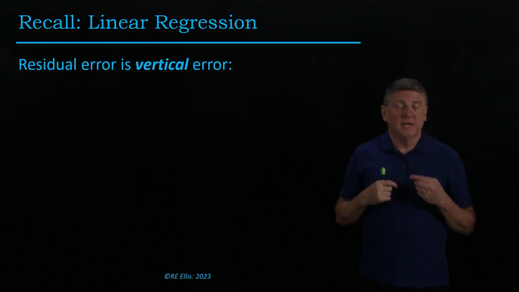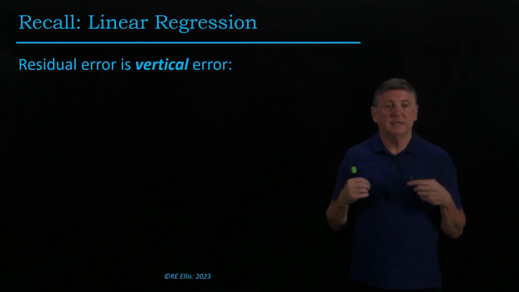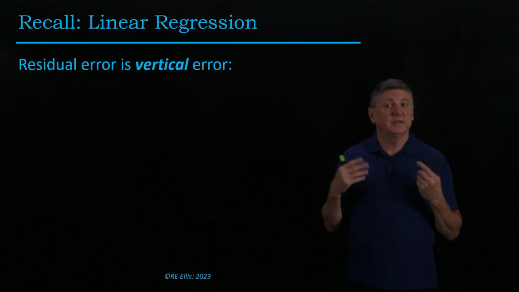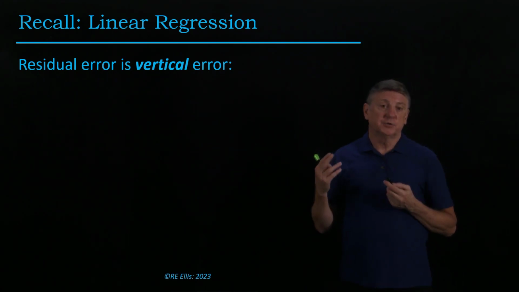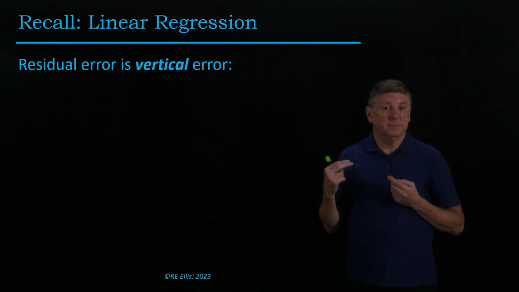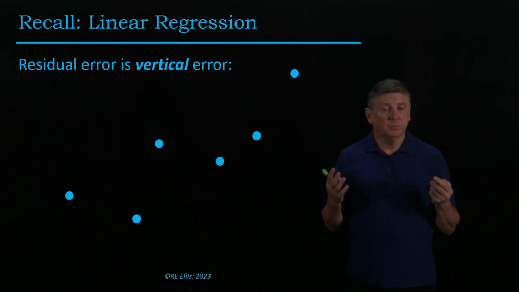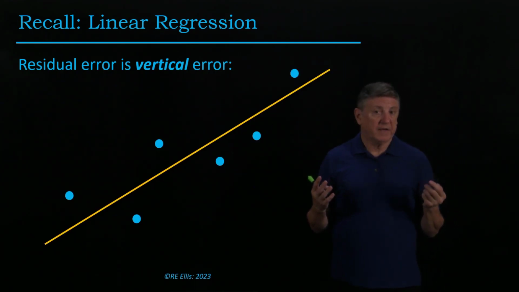The residual error of regression is something that we've already gone through. We're saying that the residual error is the true value minus the predicted value. Well, suppose that we have data and we have a prediction.